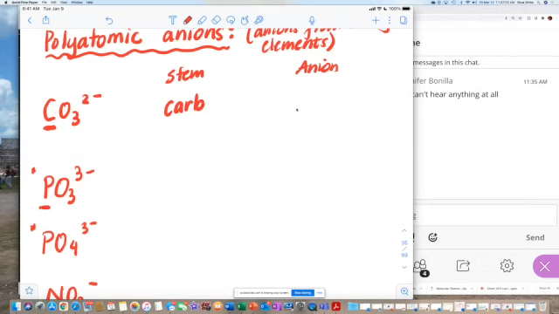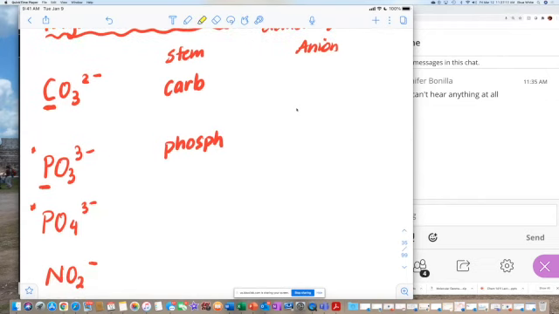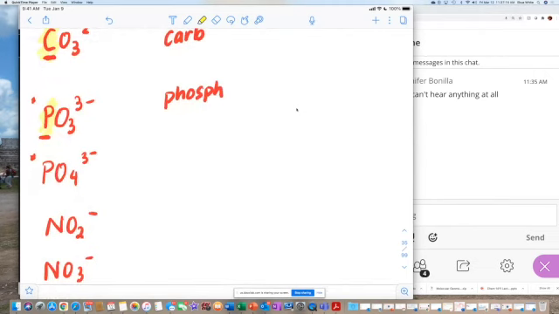The stem word for phosphorus is phos. Again, I'm writing the stem word for the highlighted element, phos, for this part. For nitrogen, it's going to be nitr.